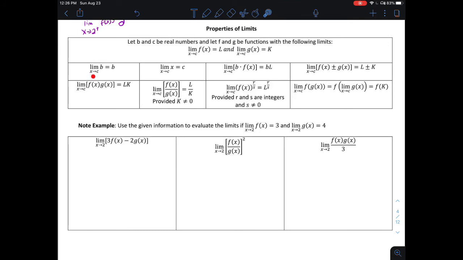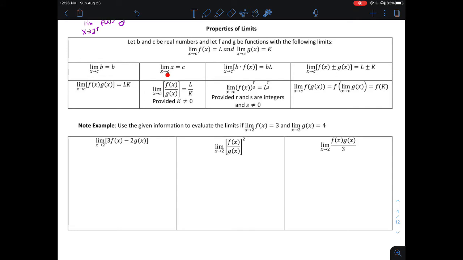The first property of limits is that if you're taking the limit as x approaches a number for any constant, the limit always equals that constant. For example, if I'm looking at a horizontal line like y equals 2, the limit as x approaches any number on the line y equals 2 is always going to equal 2. Now, the second part, the limit as x approaches c of x equals c. This is just a linear function, like y equals x.